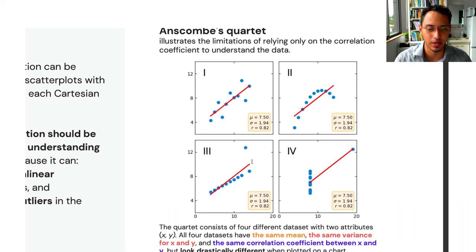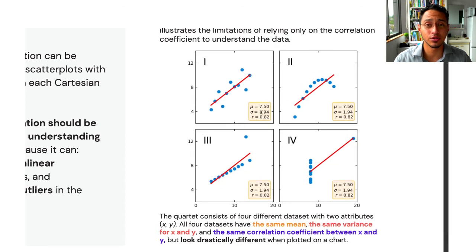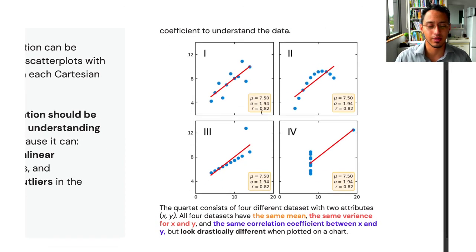And in one, all the data is collected here and there's one data point apart, and again this line becomes weird. So even though you have all those values, mu, sigma, and r, that doesn't mean that you can understand the data right away without visualization.